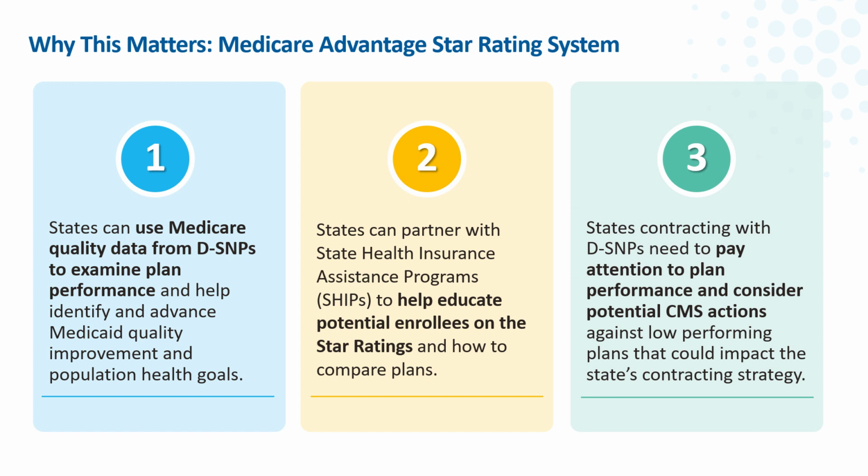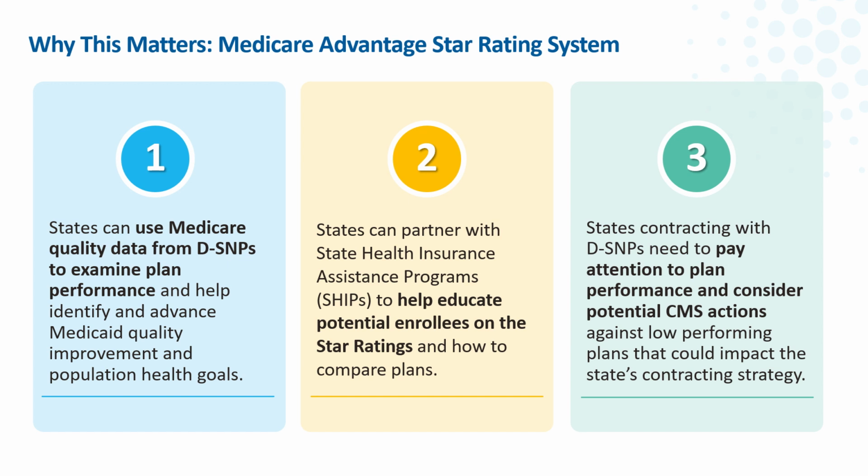Dependent upon state goals and capacity, this can include using publicly available performance data and ratings to understand the performance of a state's contracted D-SNPs, or it can also include requiring that D-SNPs submit Medicare quality data directly to the state to support Medicaid quality improvement or population health goals.